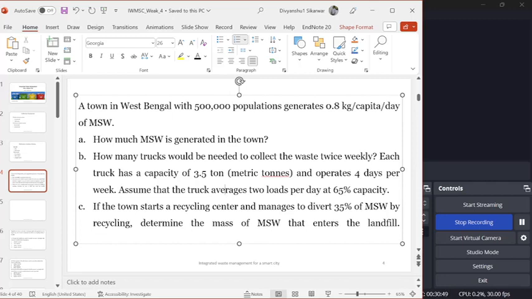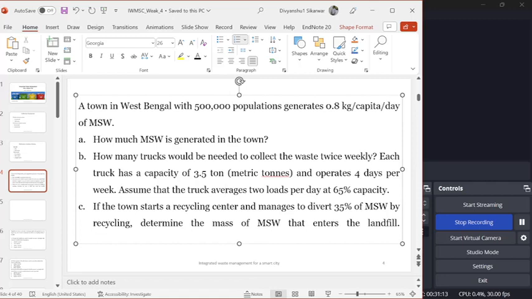So 8 into 2275 will give us the base capacity of one truck for the whole week. If we multiply 4 into 2 into 2275, we will get an amount equal to 18,200 kgs.